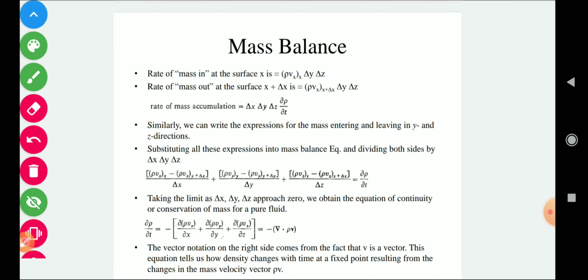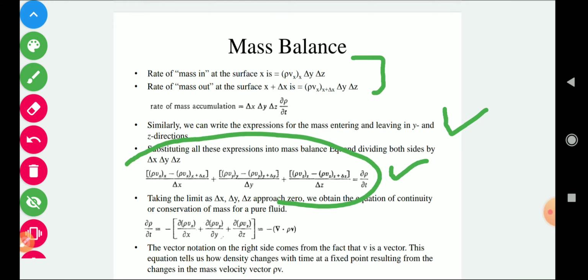Similarly, we can write expressions for mass entering and leaving in the y and z directions, like we derived for the x direction. After that, substituting all these expressions into the mass balance equation, that is, rate of mass accumulation equals rate of mass in minus rate of mass out, and dividing both sides by delta x, delta y, delta z, finally we get this equation.